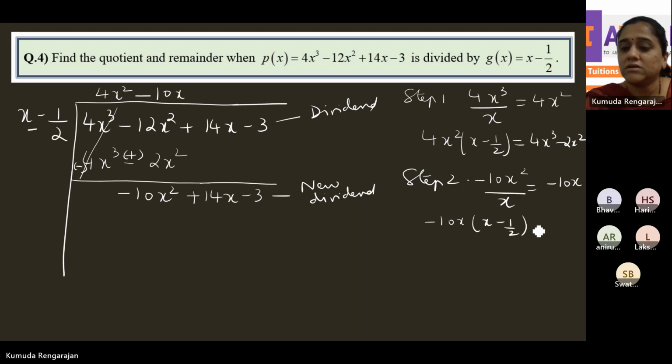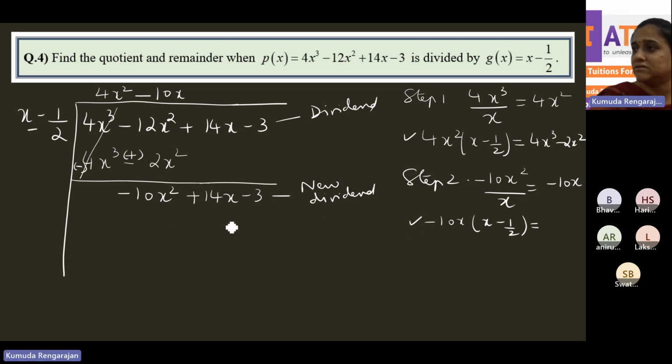This step you don't have to show here; I'm working it for you. You can directly write the answer. Now multiply. What is minus 10x into x? Minus 10x squared. And minus 10x into minus half?